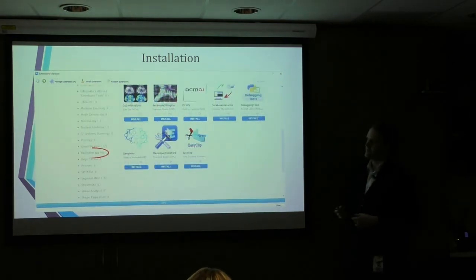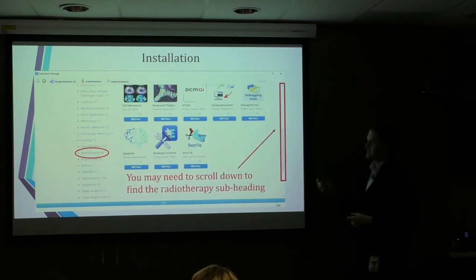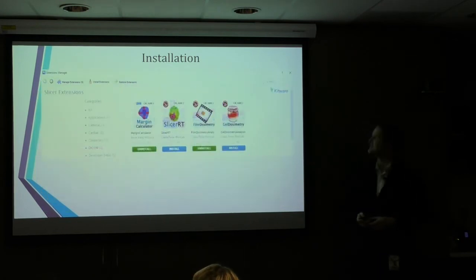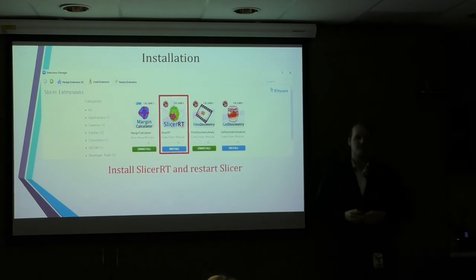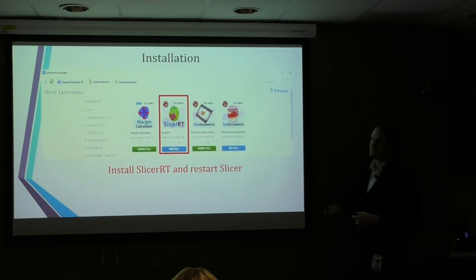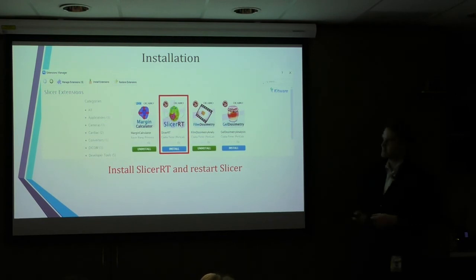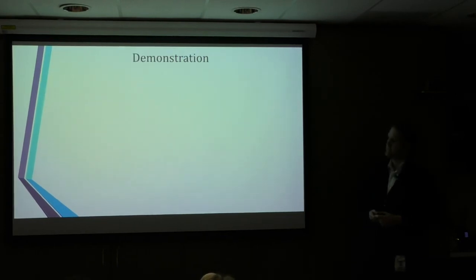Specifically, we have radiotherapy here, and we will need to scroll down, of course. It's a little bit hidden there. And from here, we are interested in Slicer RT for our purposes. But you can see there's film dosimetry applications, gel dosimetry applications, various different other applications that Slicer 3D has.